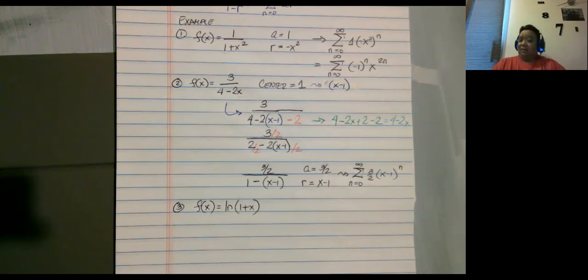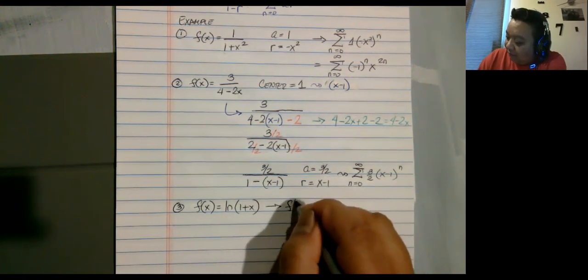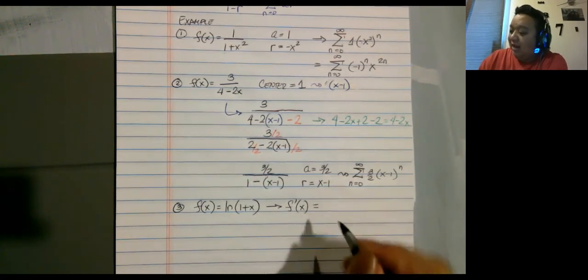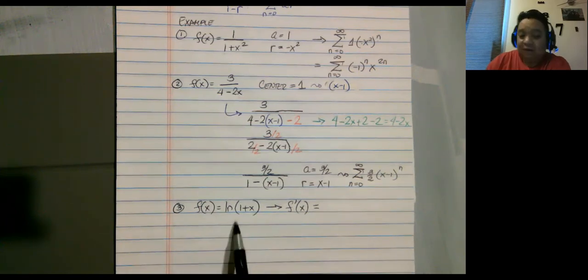So looking at that, it doesn't look like a rational function. So that is not a rational function. However, the derivative of f, meaning f prime of x, what's the derivative of ln of 1 plus x? So what's the derivative of f of x?